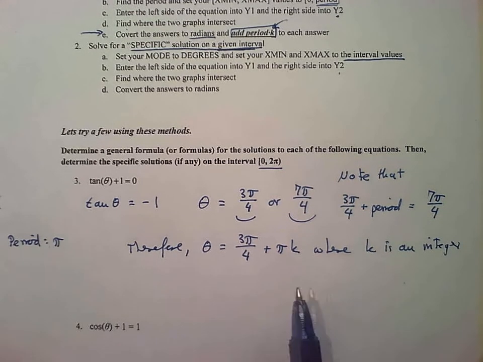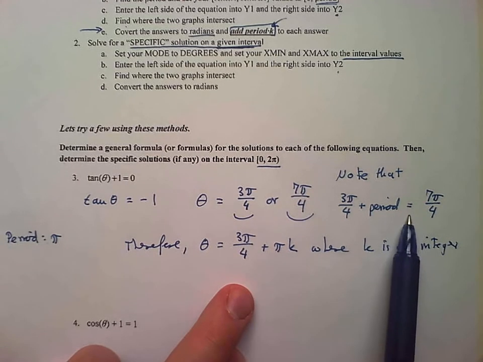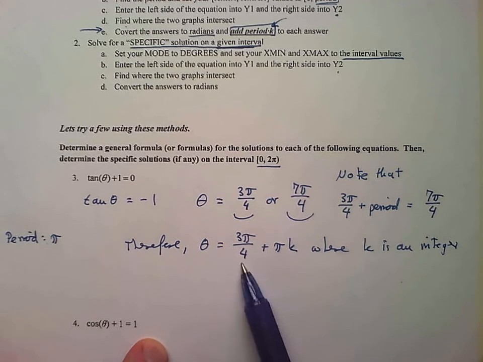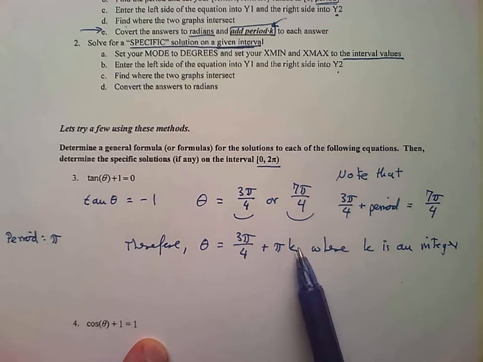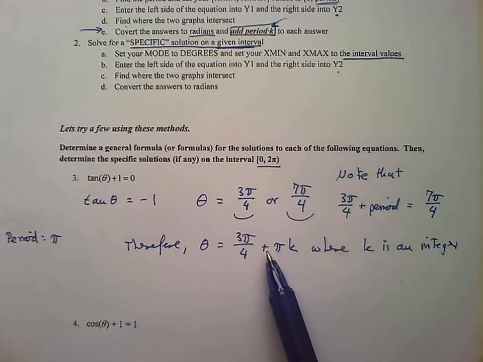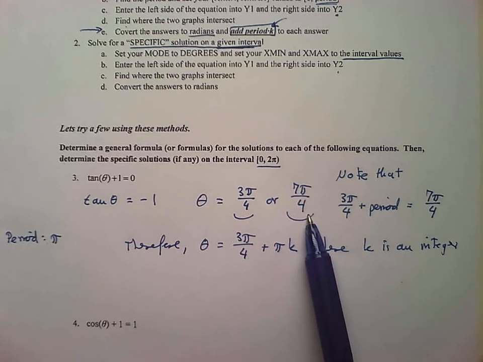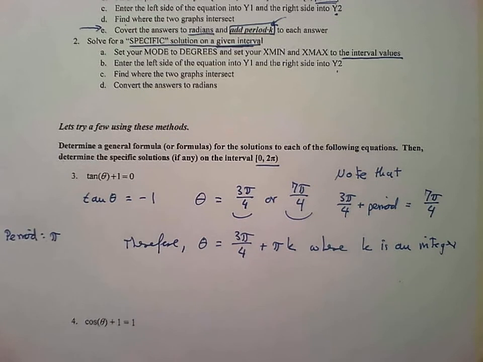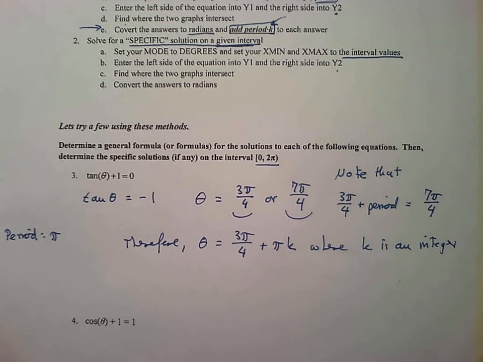So again, since we're adding the period to it and we're getting our second solution, what we can say then is if we take 3 pi over 4 and then we add our period to it, however many periods we want to have, right, that's what k is, as long as k is an integer, we're always going to end up with a solution. And as you can see here, if you would do 11 pi over 4, you would still get that tangent of that theta is equal to negative 1. All right, let's go on to number 4.